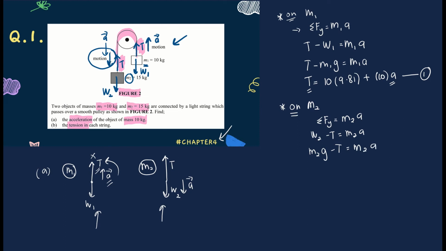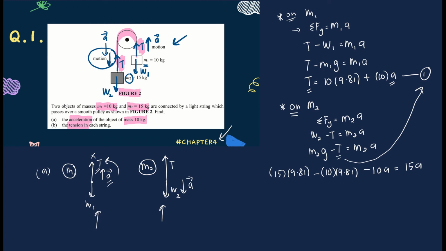Now we already have our T from the first equation, so we can straight away substitute the values. M2 is 15, G is 9.81, T is 10 times 9.81 plus 10A, equal to 15A. Sorry, it's supposed to be negative here because it's negative T.